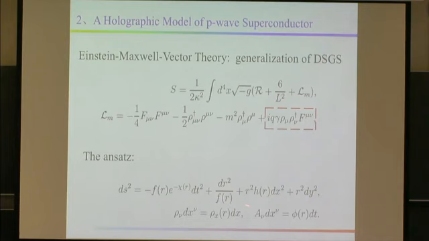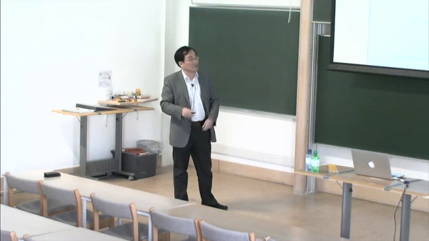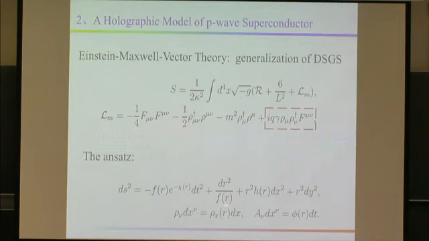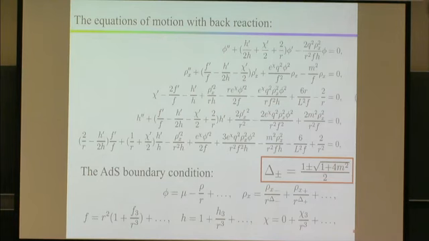In this case, the isotropic symmetry is also broken because this is a vector. We choose around this direction, so we introduce the H function to describe the anisotropy in the XY plane. With this ansatz, the equations of motion turn out to be this one. These are four coupled equations of motion with 5 equations. Now the problem is to solve these equations with suitable boundary conditions.